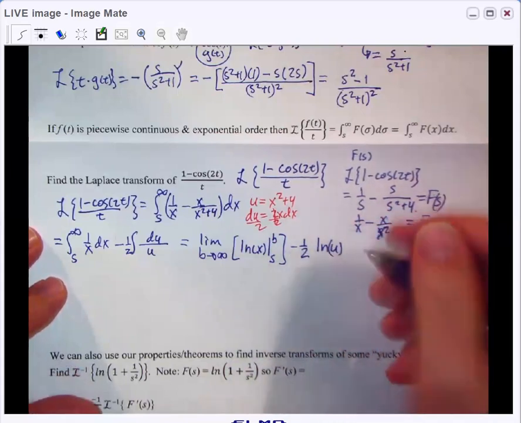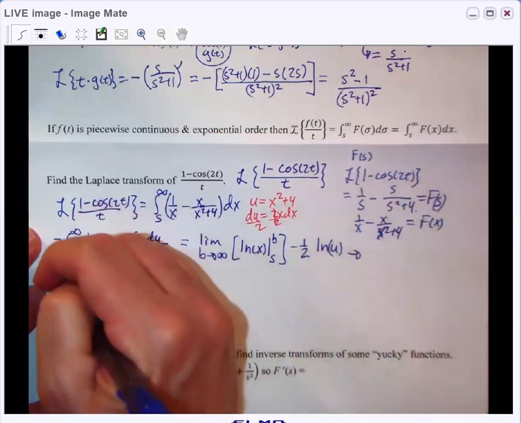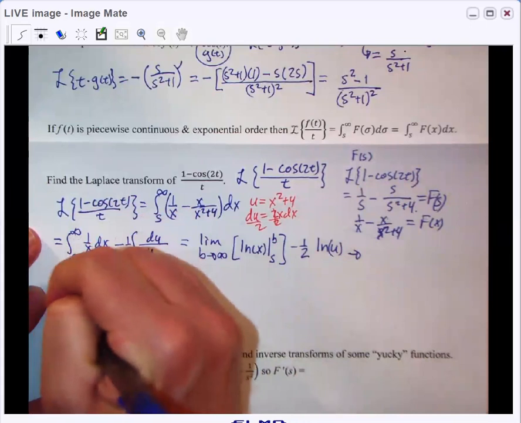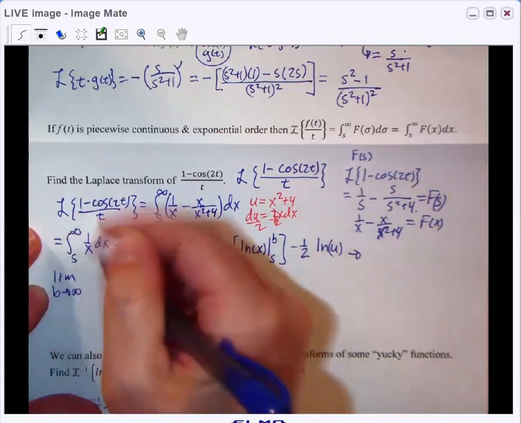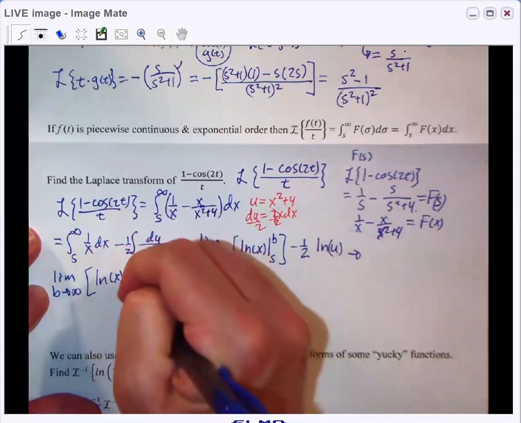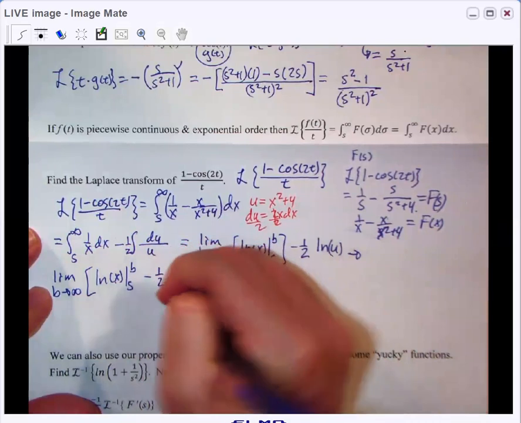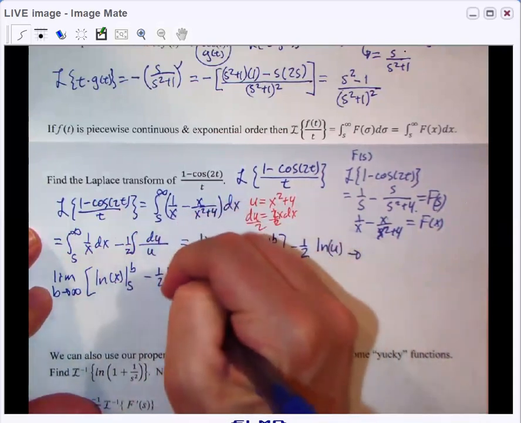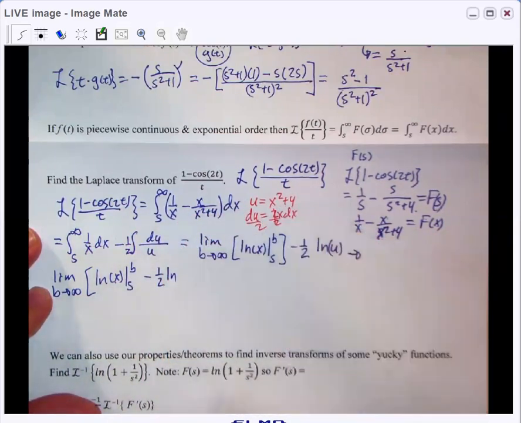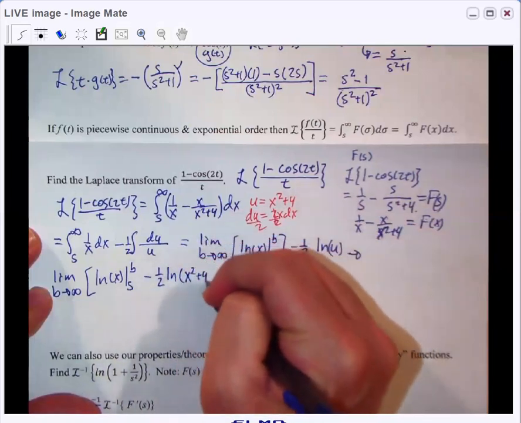And then I'm going to go back to my original variable. So we're going to get the limit as b approaches infinity of natural log of x from s to b minus 1/2 natural log of u, which according to our substitution was x squared plus 4.